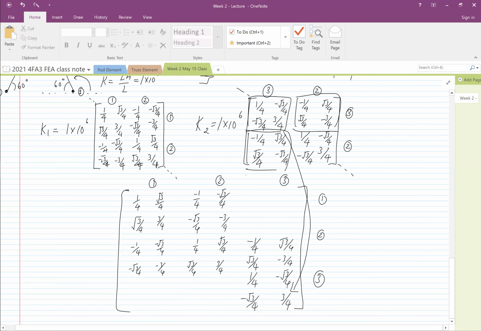This box, okay, here's the tricky part. This one looks after nodes 2 and 2, so it goes to plus 1/4, minus 3/4, and minus 3 over 4 and plus 3 over 4.